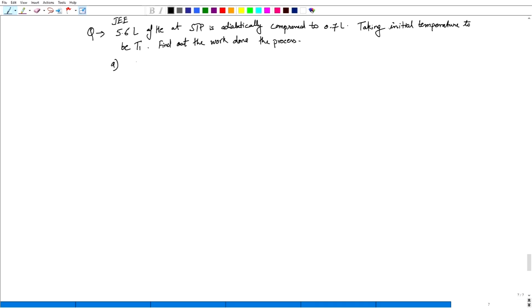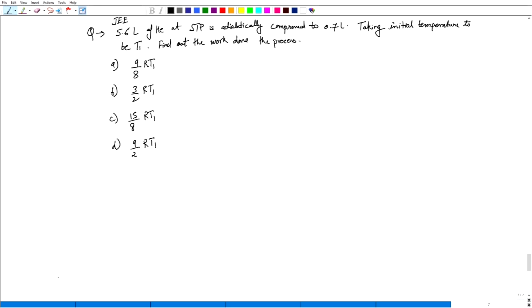Options are A: 9/8 RT1, B: 3/2 RT1, C: 15/8 RT1, and D: 9/2 RT1.